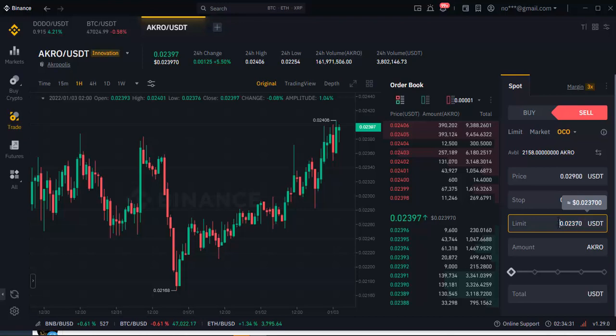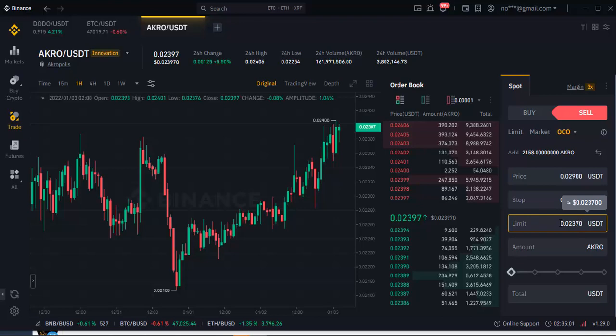Like I said, it's not a requirement that they should be different. You can make it the same, but we are going to make it different. And we say that while you are selling, the stop price should be a little bit higher than the limit price. Therefore, let's add one here so that it will be higher than this.